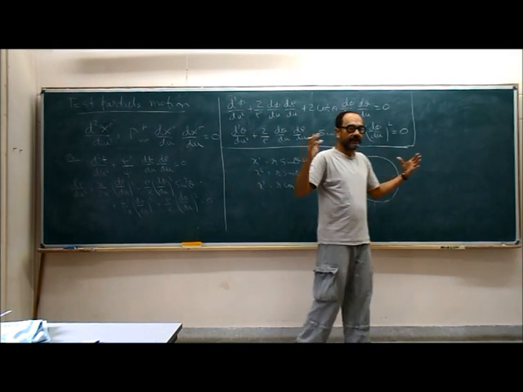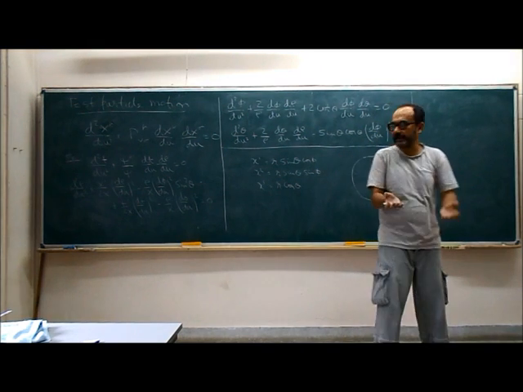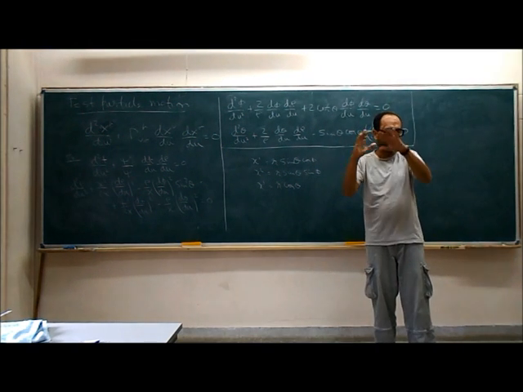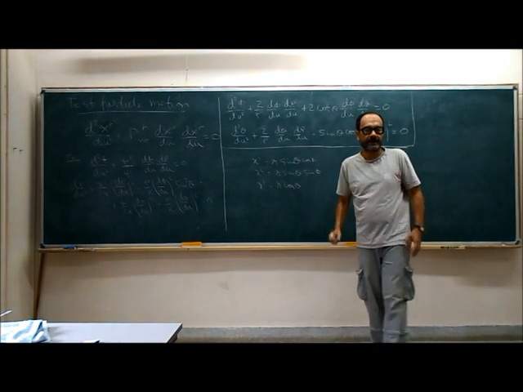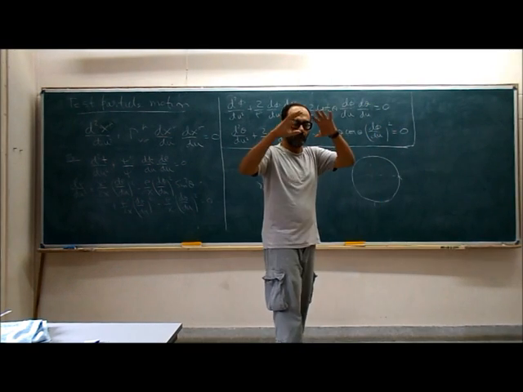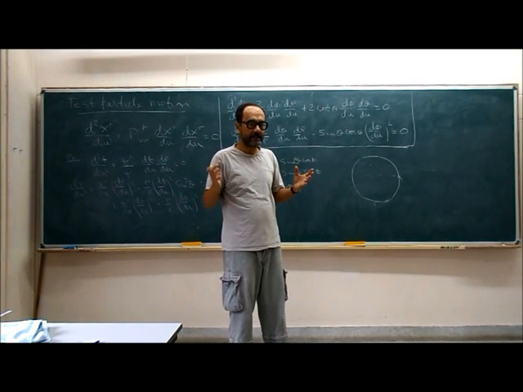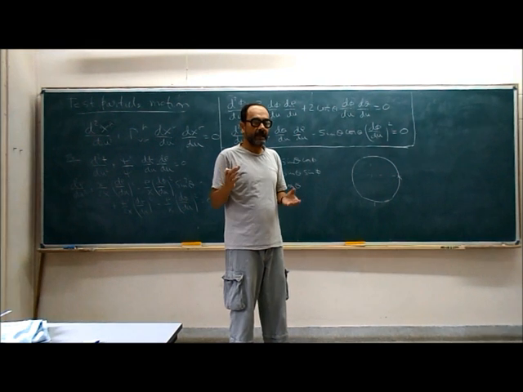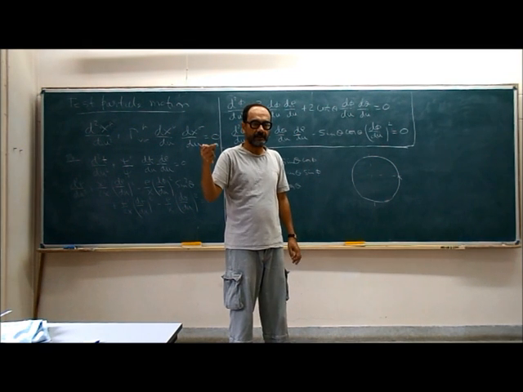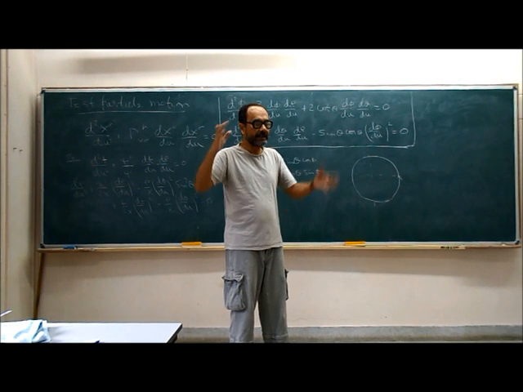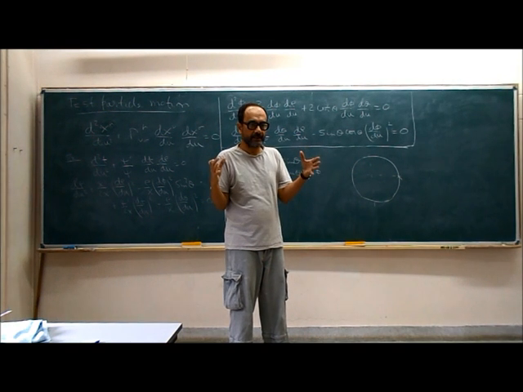Initially, we have x1, x2, x3 and t. Let's go back to the x1, x2, x3 and t coordinates where the rotational symmetry is easier to visualize. The claim is that the initial position of the particle can always be taken to be x3 equal to 0 by orienting the x1, x2, x3 axes appropriately.